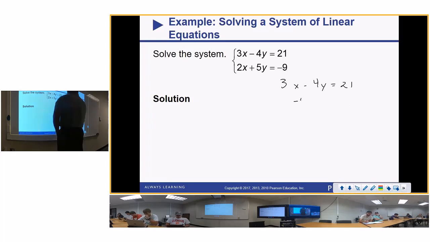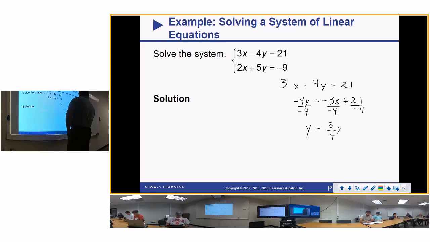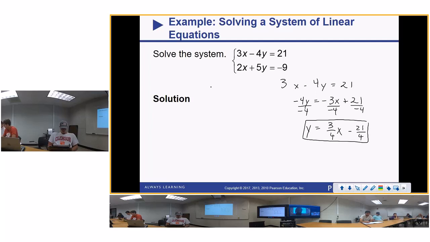And negative 4y is equal to negative 3x plus 21. And divide by negative 4, divide by negative 4, divide by negative 4. You got y is equal to 3/4 x minus 21/4. Then you do the other.